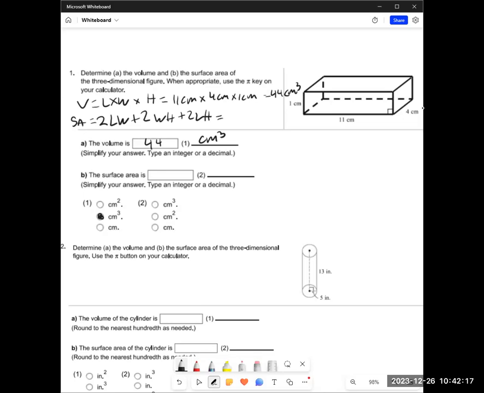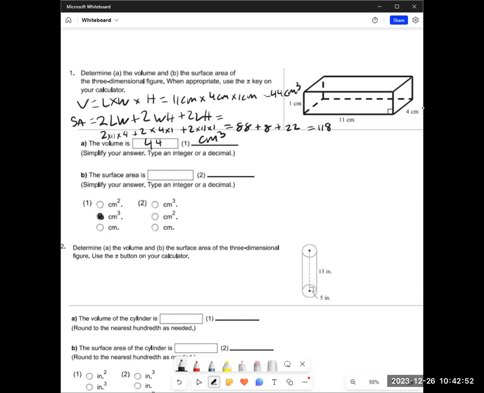So this is 2 times 11 times 4 plus 2 times 4 times 1 plus 2 times 11 times 1, which is 22 times 4 is 88, plus 8, plus 22, which is 118.